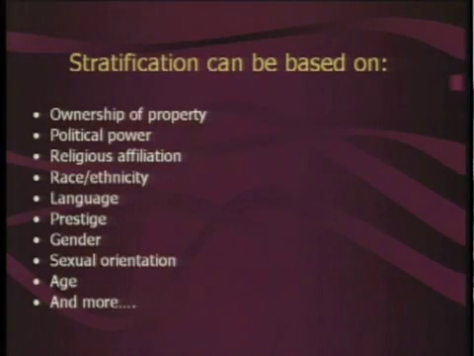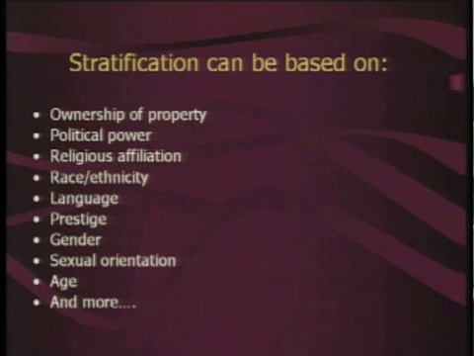Prestige, we talked about. Gender. We are very stratified by gender. We'll talk a little bit more about this when we talk about income distribution. We're also stratified based on sexual orientation. Also gender identification, not just gender, but gender identification. We stratify now, this is something that is relatively new in the history of society, based on age.